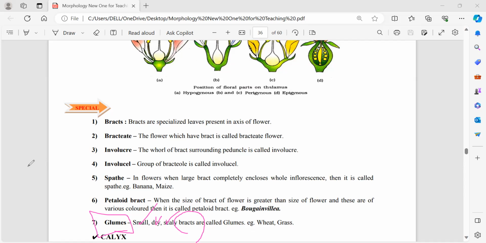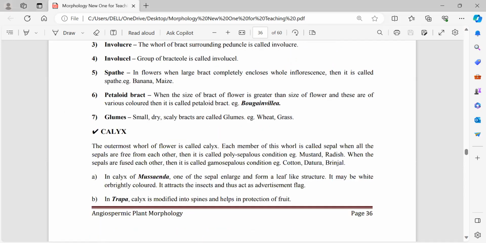Poaceae, exactly. Now coming to the next part of today's lecture, we have the calyx. The calyx is a whorl of the flower, and we have different patterns and morphologies of calyx. Taking calyx as a separate topic, it is the outermost whorl of the flower.